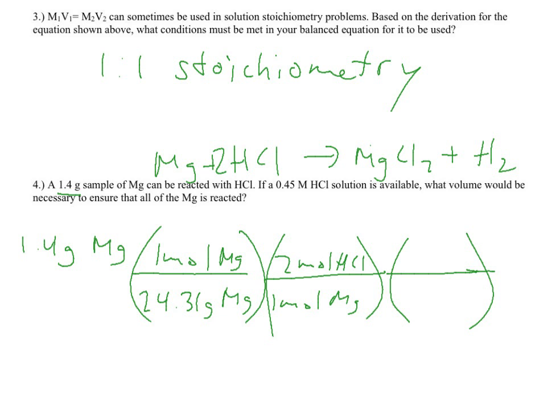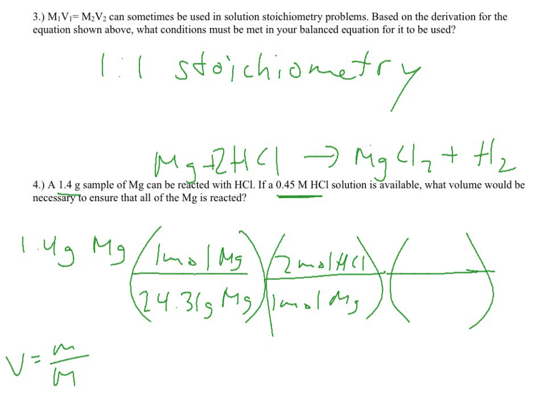If we were to stop here, we would have moles of HCl, we have molarity, and we're looking for volume, the volume required to get enough moles to completely react with 1.4 grams. If we have molarity and moles, volume would be moles divided by molarity.